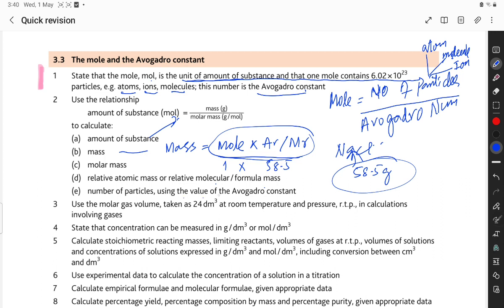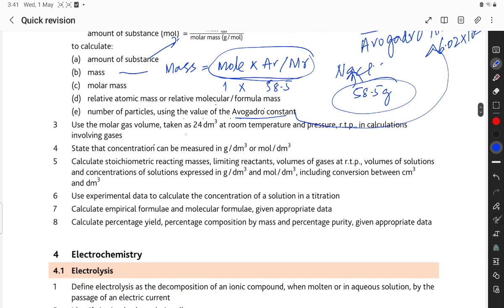Number of particles is found using the value of the Avogadro constant, 6.02 into 10 raised to 23. Use the molar gas volume taken as 24 dm cube at room temperature and pressure in calculations involving gases.